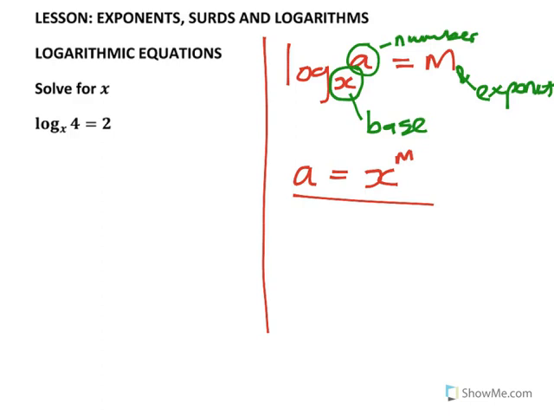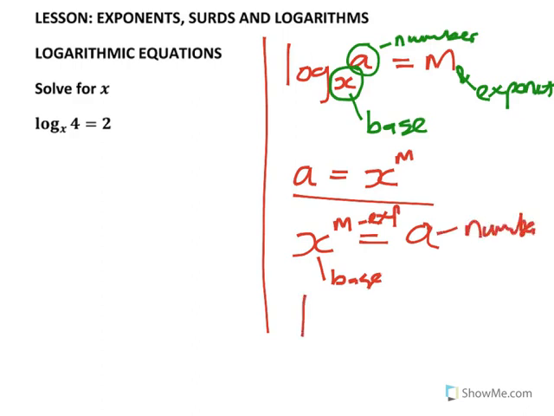So it means if they just gave you something like x to the power m is equal to a, and then they say turn it back into logarithms. Remember, this is a base, this is the exponent, this is the number. So you're going to say log in base x, because it's a base, of the number a is equal to m.